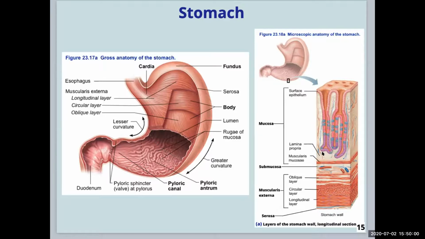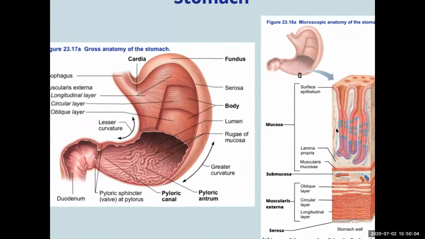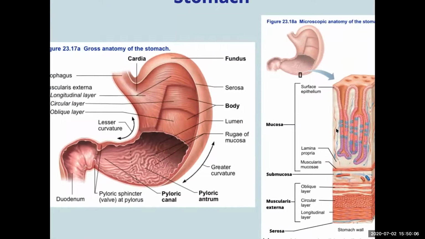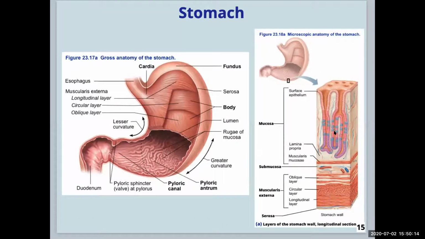There are different types of cells in these gastric pits, and they have different functions, and that's something you're going to learn more about in physiology. Some of them will secrete stomach acid, some of them secrete pepsin, and some of them secrete yet other enzymes.